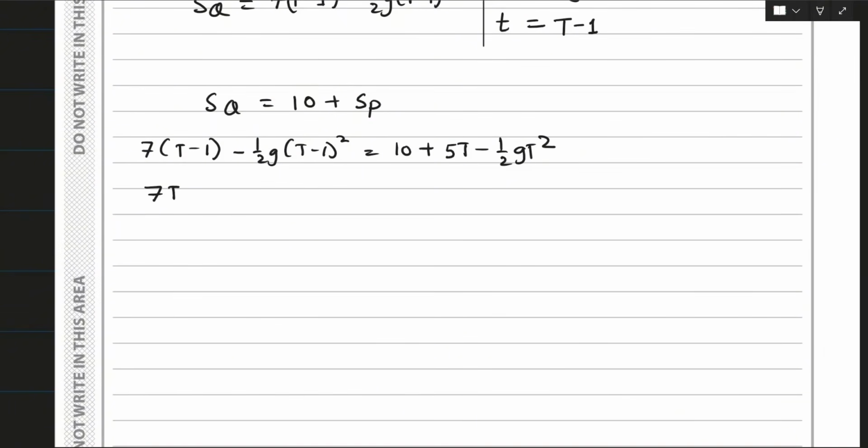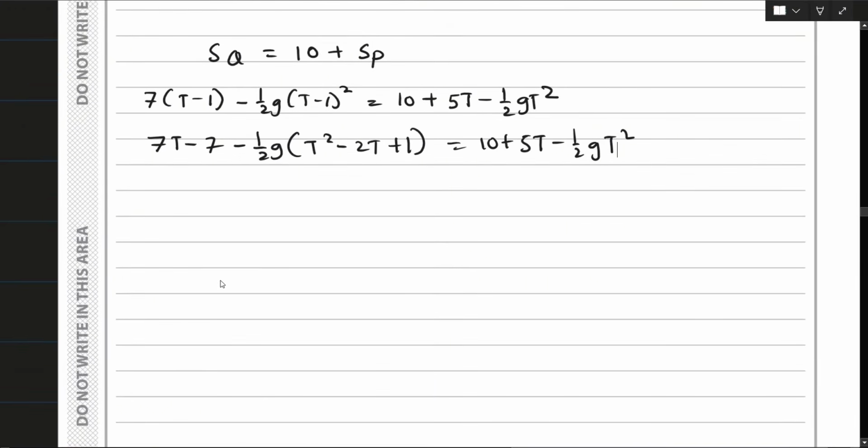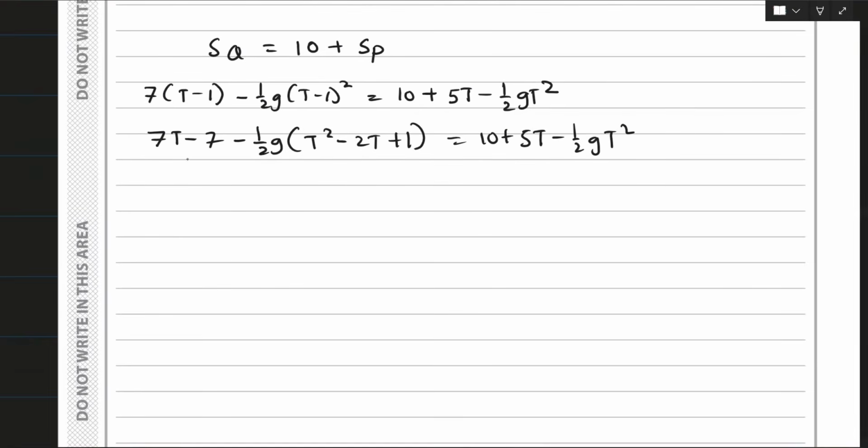Expanding them, we get 7t minus 7, and then minus half g, and inside the brackets we have t squared minus 2t plus 1. Upon further simplification, we get a quadratic equation.